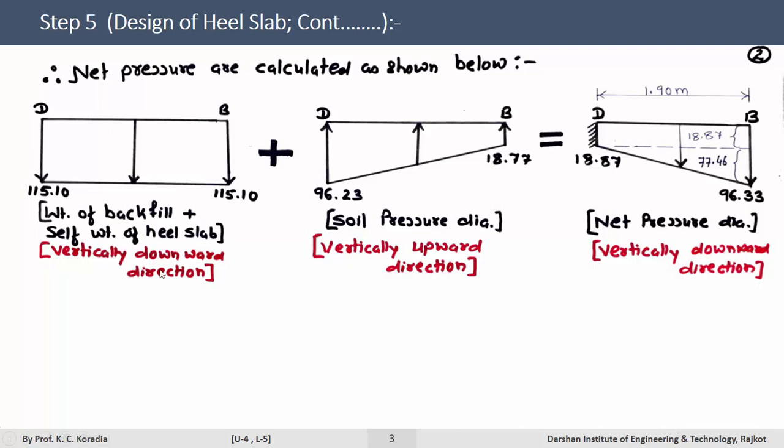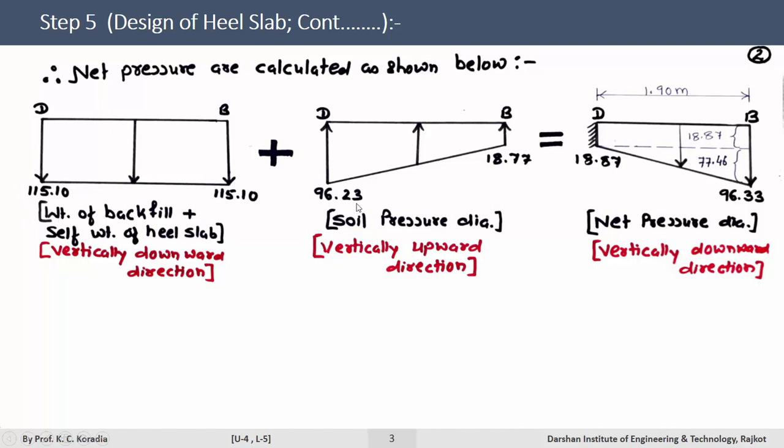The first rectangle diagram shows the pressure intensity of weight of backfill plus self weight of hill slab in a vertical downward direction. Point D and point B are having an equal pressure intensity of 115.10 kilonewton per meter square.